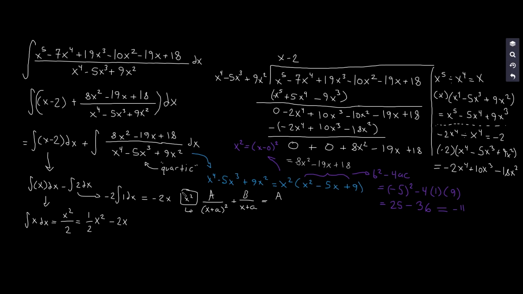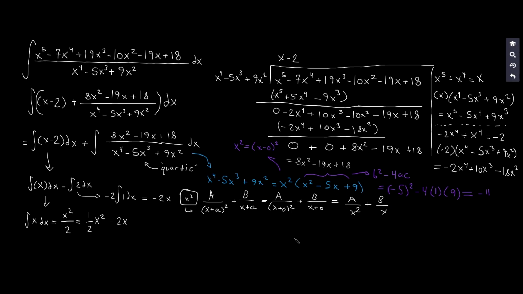It's going to be a over x plus 0 quantity squared plus b over x plus 0. Well, that's just going to be a over x squared plus b over x.